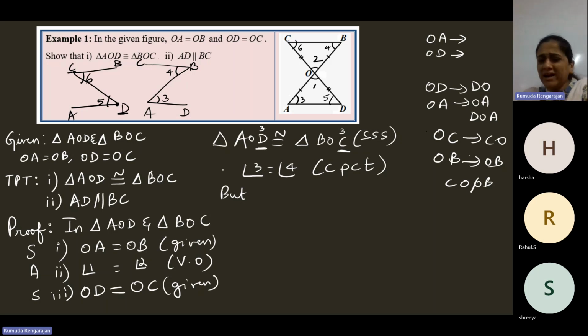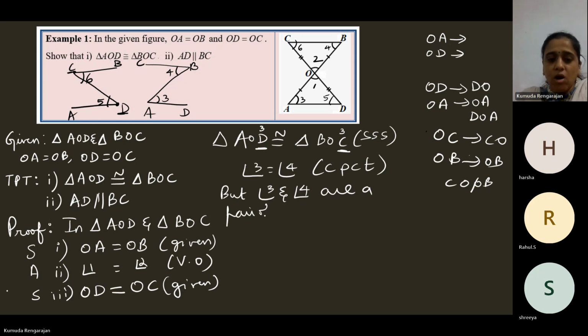Now if you write any one of the two, so if you write angle 3 is equal to angle 4, you must say, but angle 3 and angle 4 are a pair of alternate interior angles. They are a pair of alternate interior angles made by which transversal?